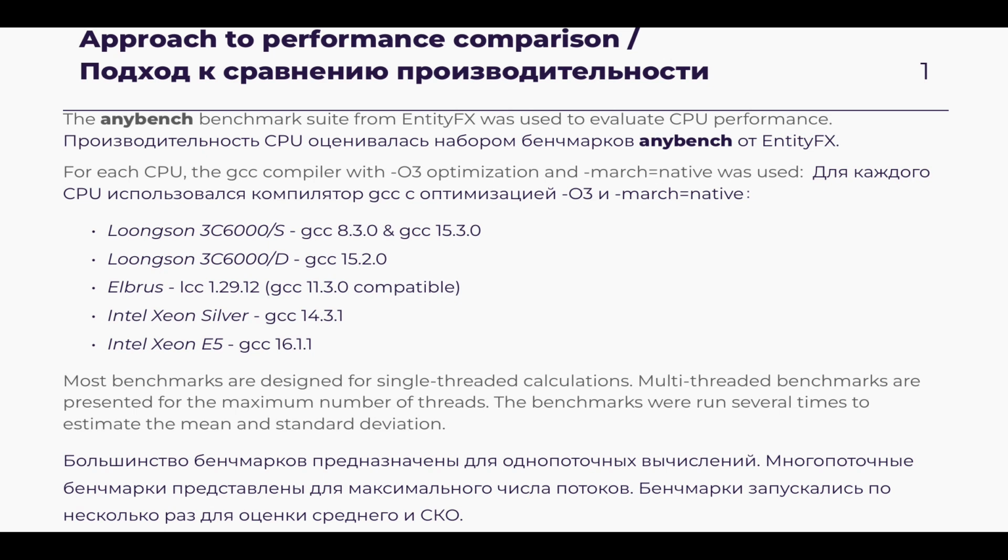We also use GCC 15.2 for Loongson 3C6000D, and the LCC compiler, which is compatible with GCC, for Elbrus. For some Intel Xeon processors, two Intel Xeon Silver use GCC 14.3.1, and one Xeon E5 uses GCC 16.1.1.